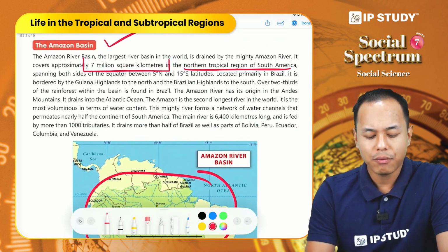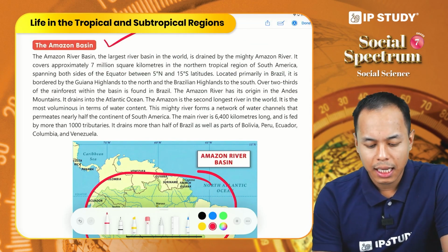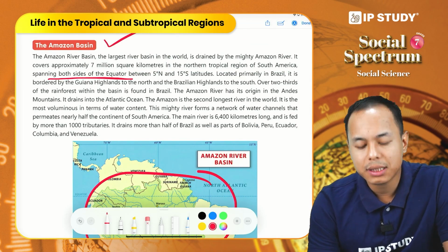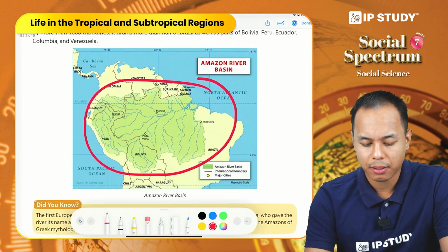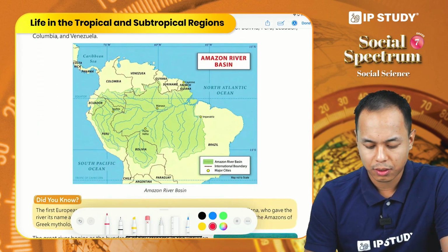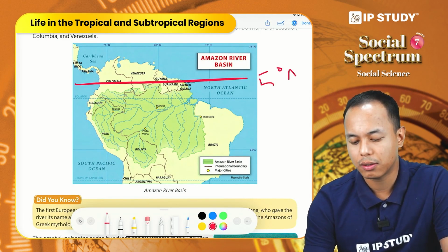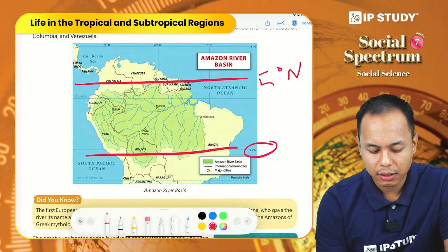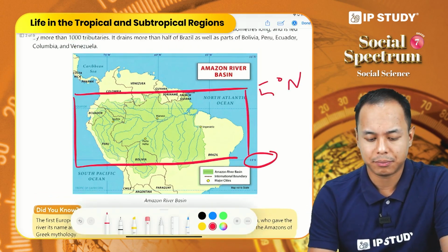When we talk about the extent of the Amazon Basin, it extends on both sides of the equator between 5 degrees north to 15 degrees south latitudes. So this is the extent of Amazon Basin.